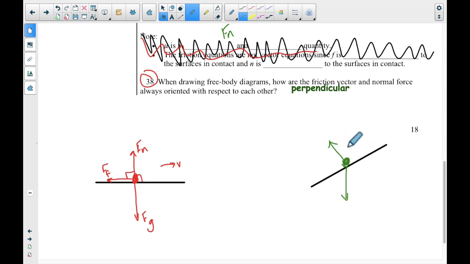If we look at the case of something on a ramp, then we have a normal force here, we have the gravitational force here, but again, let's say this item is going downhill, so our velocity is going this way. Well, in that case, our frictional force is going to act this way. And so our normal force and our frictional force are perpendicular to each other. So the frictional force and the normal force are always perpendicular regardless of what the orientation is of the surface.